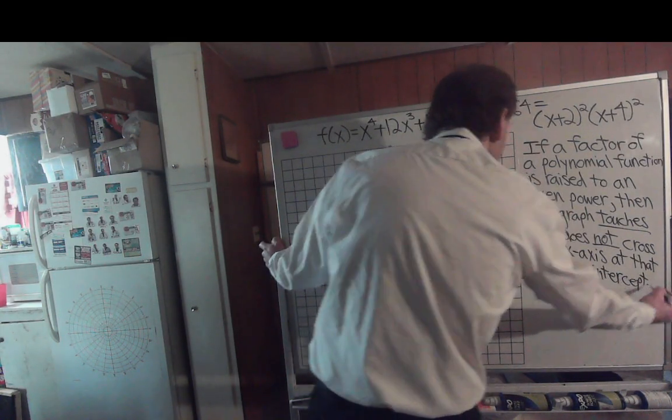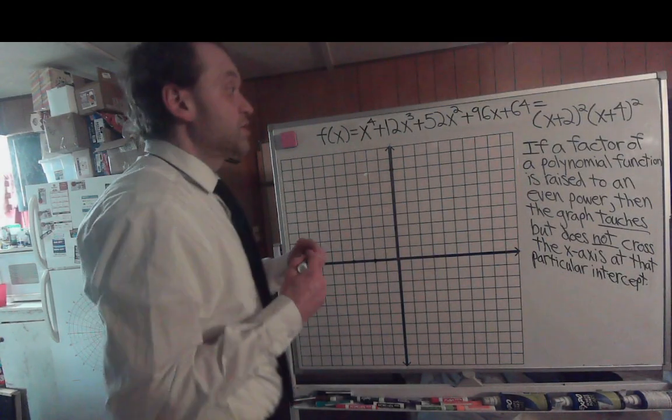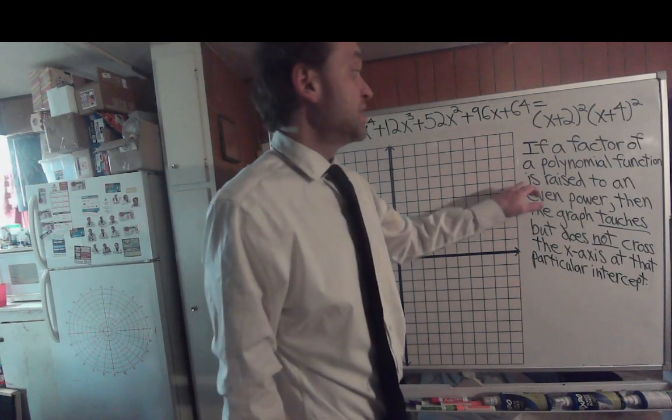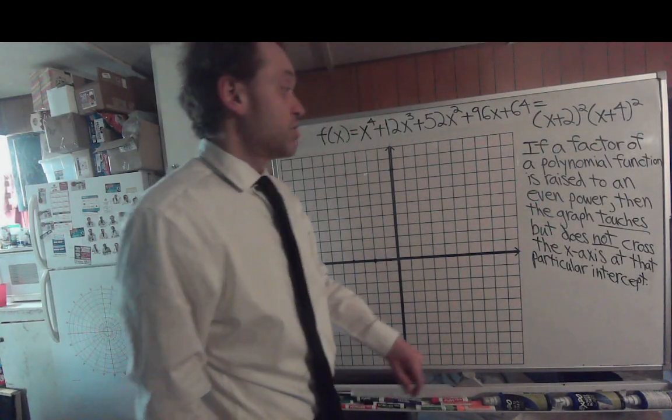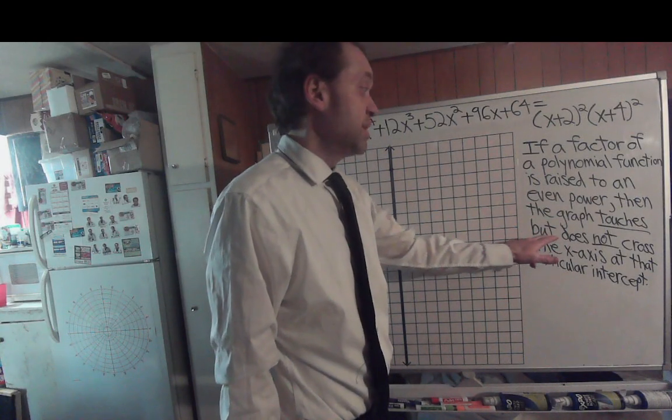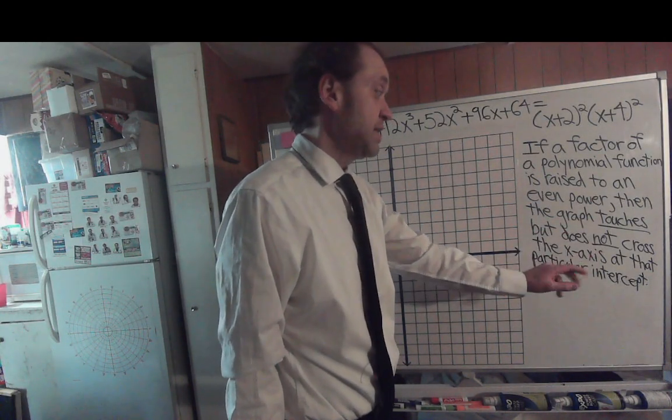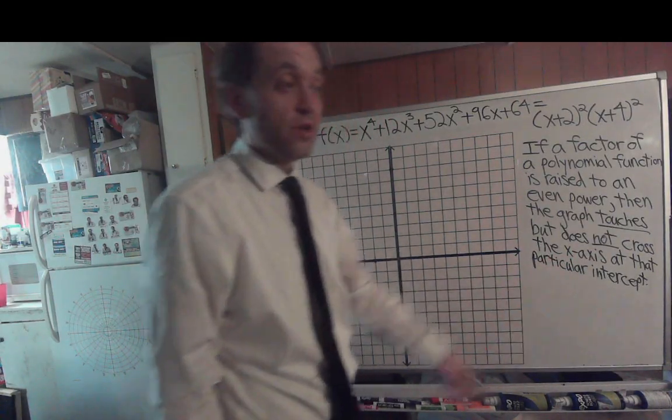Okay. So if a factor of a polynomial function is raised to an even power, such as these two here, the graph touches but does not cross the x-axis at that particular intercept.